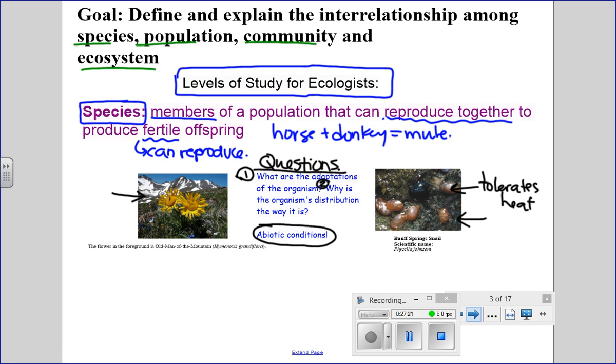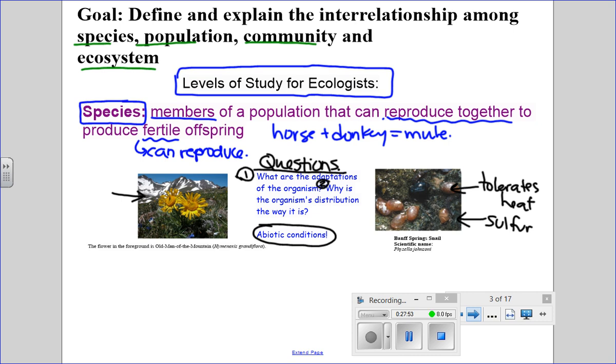Well, you might be aware, because I mentioned it previously, that a lot of natural hot springs are coming from heat that's under the surface of the Earth. There is usually a lot of sulfur involved in this type of thing, and usually organisms that live in that type of environment really enjoy sulfur, use it for a lot of things. Chemosynthesis might be happening there. So we have a biotic factor, an adaptation of the organism, or an abiotic factor.